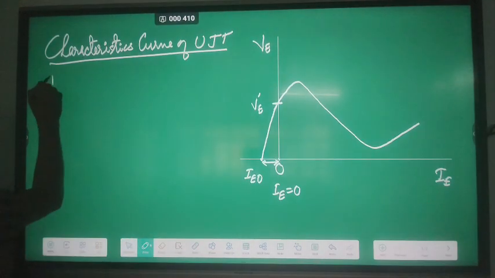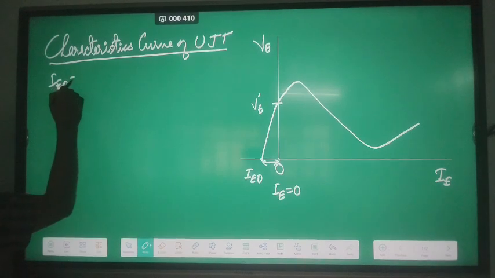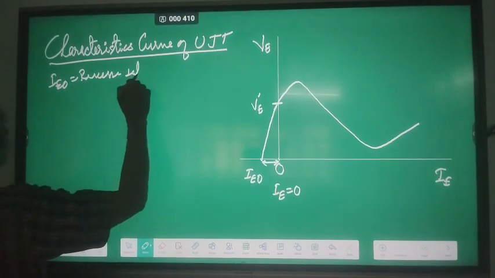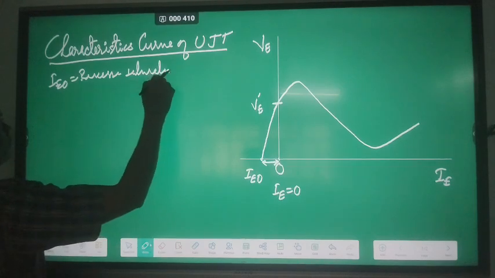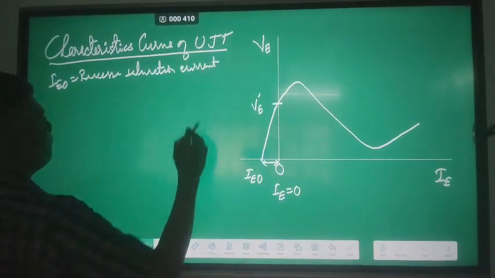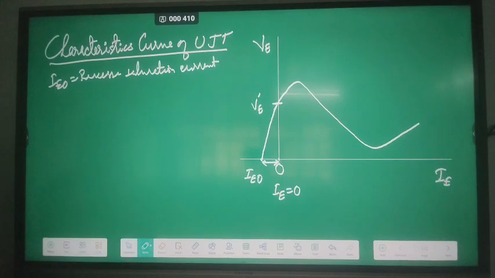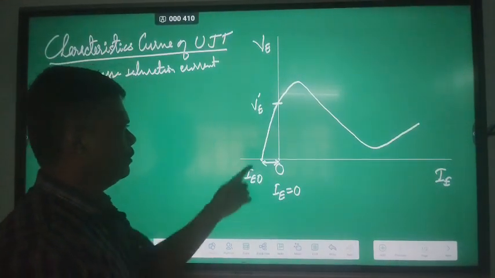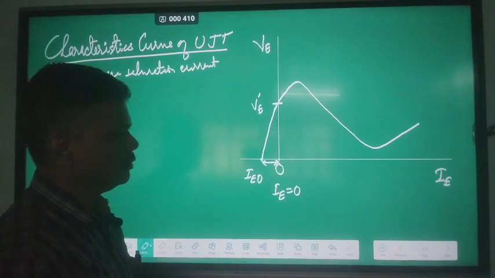So IEO is the reverse saturation current, and its value is maximum when VE dash is equal to 0.